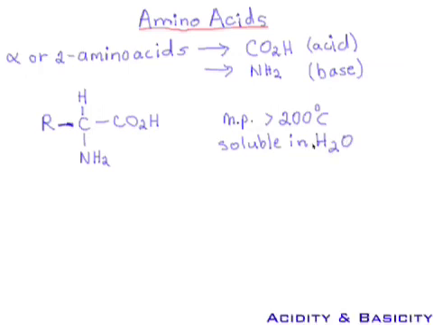In terms of acidity and basicity, amino acids are less acidic than most carboxylic acids and less basic than most amines. Typical carboxylic acids are C double bond OH. They can have quite a spread in pKa, but the pKa for a typical carboxylic acid is usually around 5, approximately.